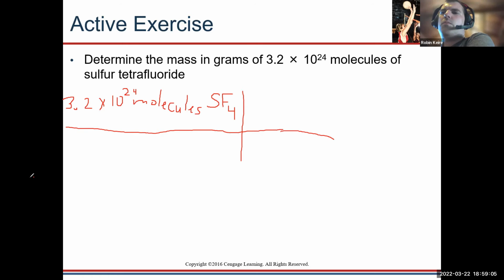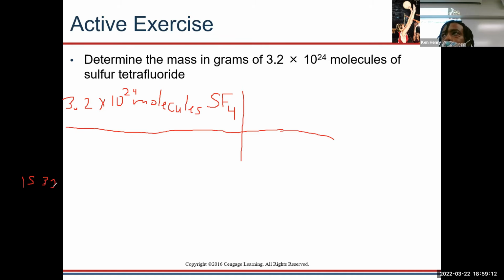So we have one sulfur. Sulfur weighs 32, times 1. Okay, we have 4 fluorines.